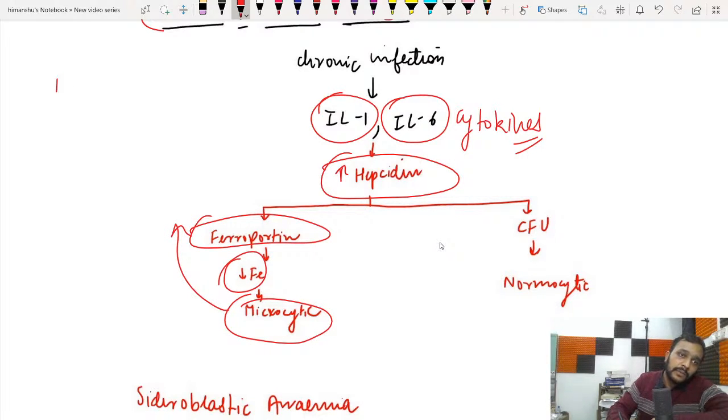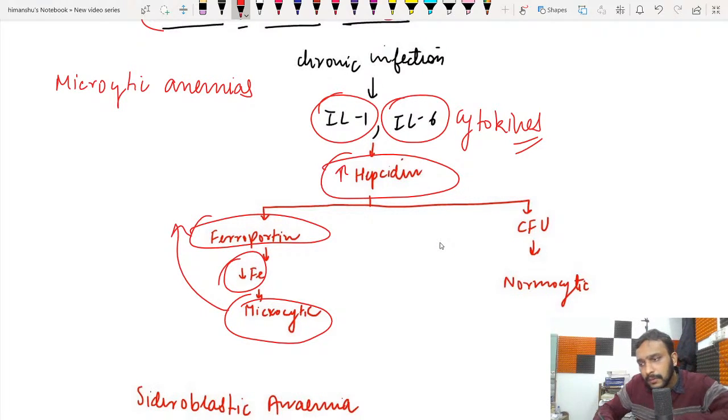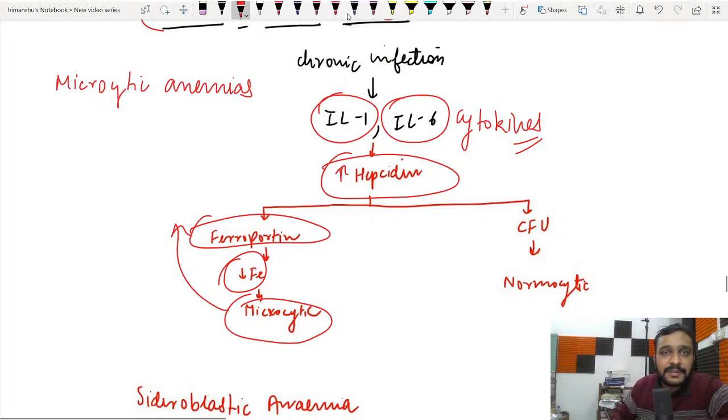Okay, so guys, what are the microcytic anemias that you know of? Yes, very good knowledge challenge. That is a good mnemonic. I for increase. That is a better mnemonic. Okay, good, very good.